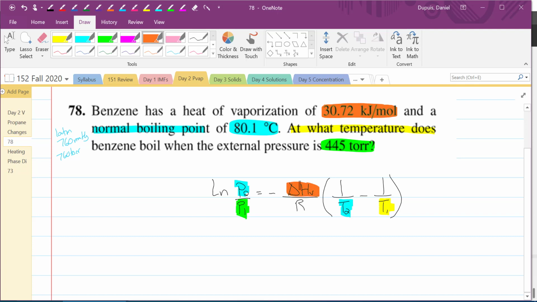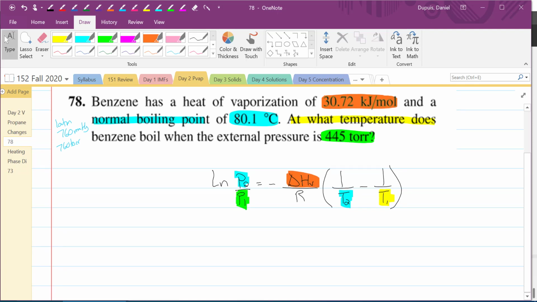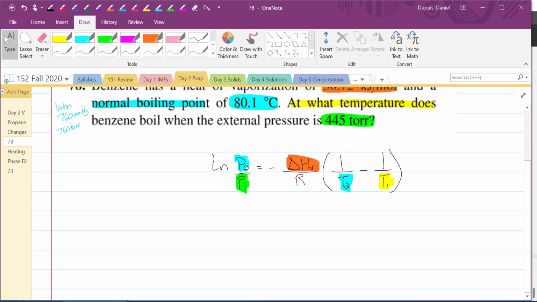Perfect, right there. Alright, and we know R. Okay. So again, depending if you want to do a lot of algebra or not, let's try to do the algebra. So the first thing I got to do is get this number, delta HV over R, out of here. I can do that, can't we?